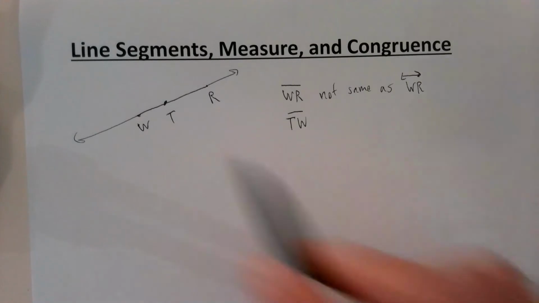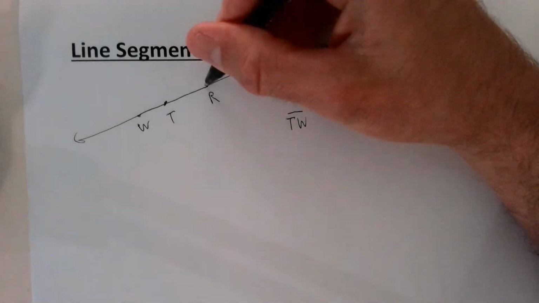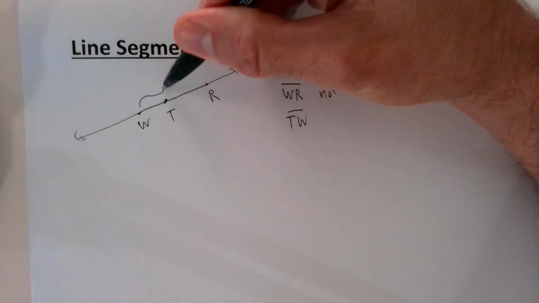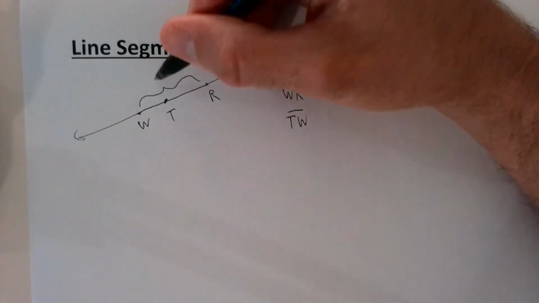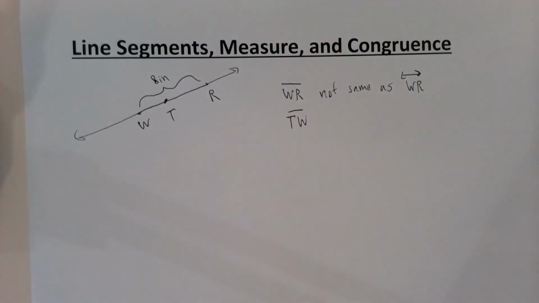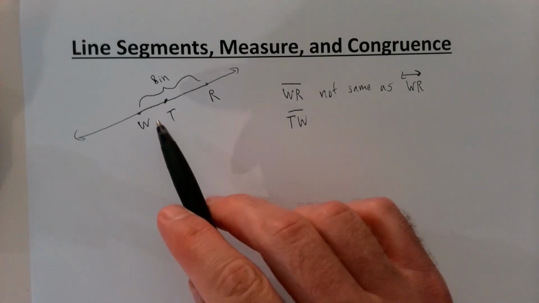So for our segment, we started with WR. They might tell us that the measure of WR is, say, 8 inches. To describe that on your diagram, we're just going to put 8 inches.